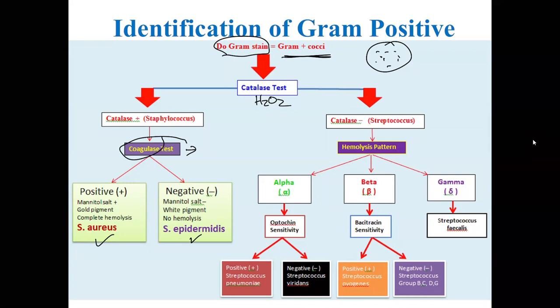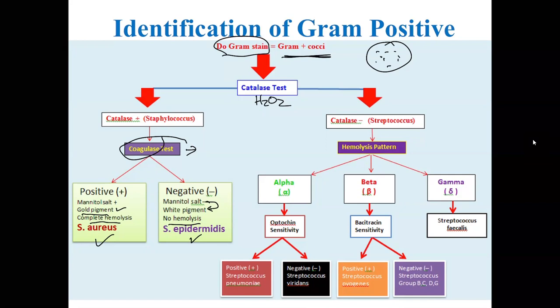If it's on mannitol salt, Staph aureus will have a gold pigment. It will also hemolyze or break down the blood if it's on blood agar. Staph epidermidis will grow on mannitol salt, but it's going to look white, and it doesn't break down the blood in blood agar.